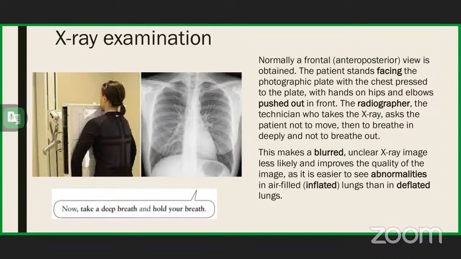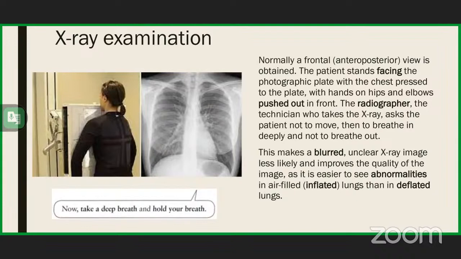Okay. Normally, a front antero-posterior view is obtained. The patient stands facing the photographic plate with the chest pressed to the plate, with hands on hips and elbows pushed out in front. The radiographer, the technician who takes the X-ray, asks the patient not to move, then to breathe in deeply and not to breathe out.